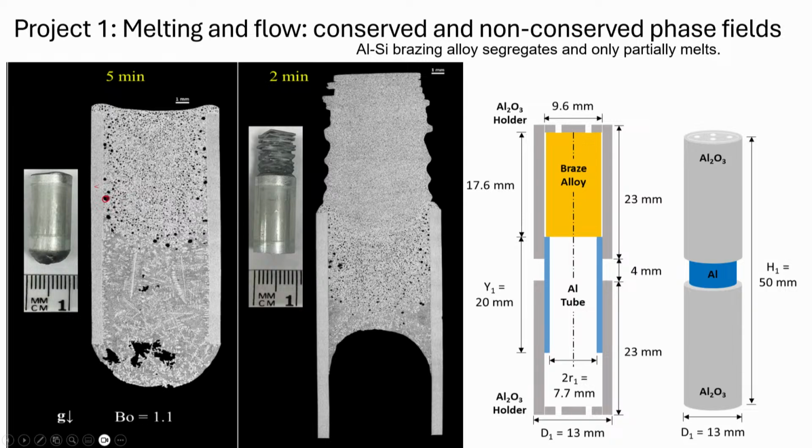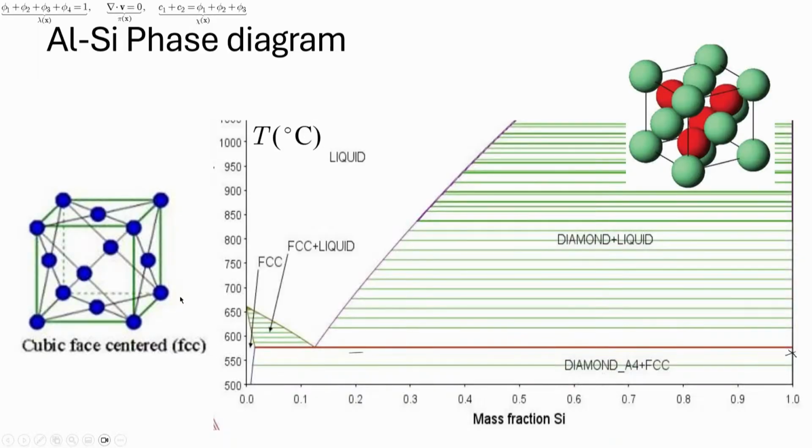Aluminum doesn't melt, but the fluid is taken away by capillary forces, so the silicon is taken away. It melts right at this concentration, and the nominal concentration of silicon of this alloy is somewhere here, close to the eutectic.